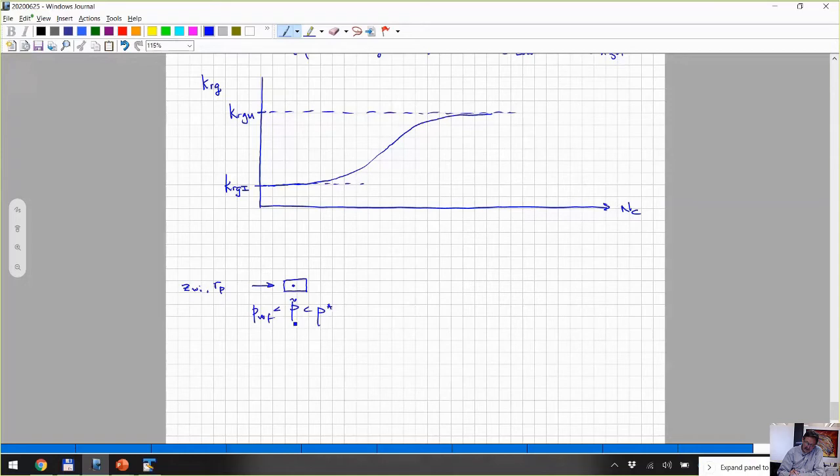What we know is that at that fixed pressure, no matter where you are on this rock, no matter what the rel perm looks like, this particular mixture has a fixed ratio KRG over KRO. We know that, because this is a steady state flow test.